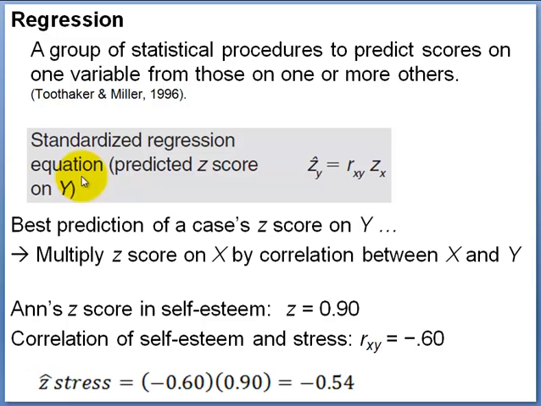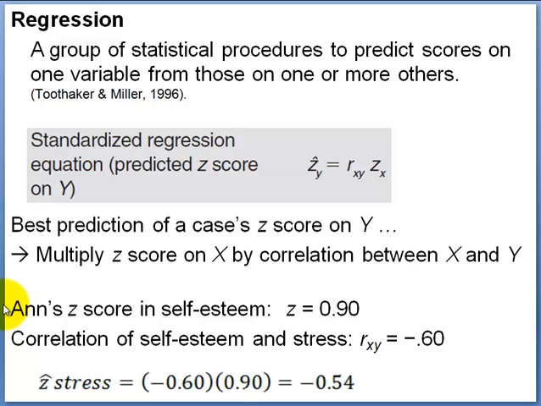The standardized regression equation tells us that the best prediction of a case's z-score on y is found by multiplying that case's z-score on x by the correlation between x and y. Again, we know the correlation, we know the z-score on x, we don't know the z-score on y. We want to make a prediction of that z-score.